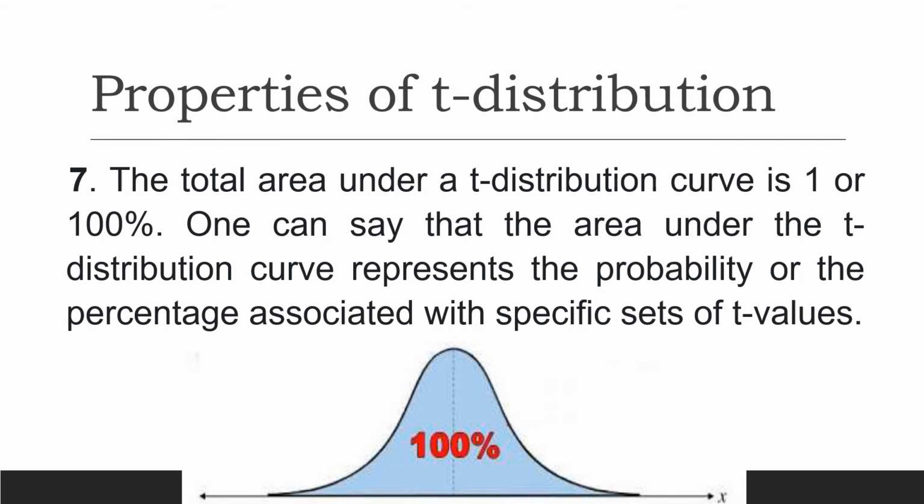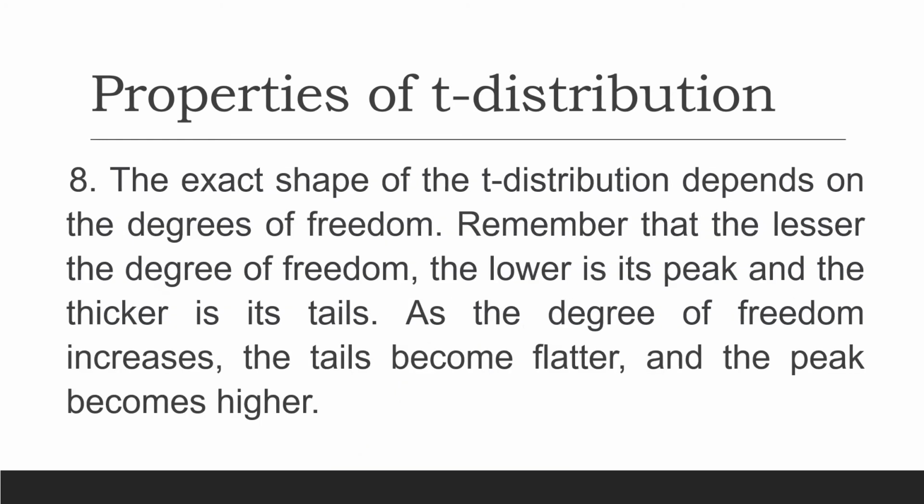It is similar to the normal distribution. One can say that the area under the t-distribution curve represents the probability or the percentage associated with specific sets of t values. Moreover, the exact shape of the t-distribution depends on the degrees of freedom.